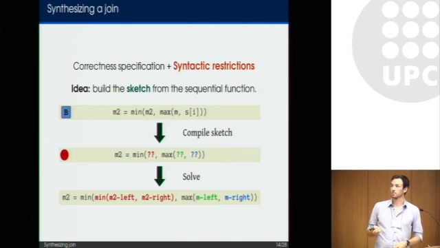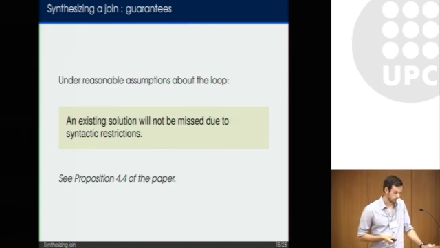So in this case, we use a simple grammar, and the red hole is filled by a complete expression, and in the green and blue case, we just need one value. So again, with the left and right threads' results.